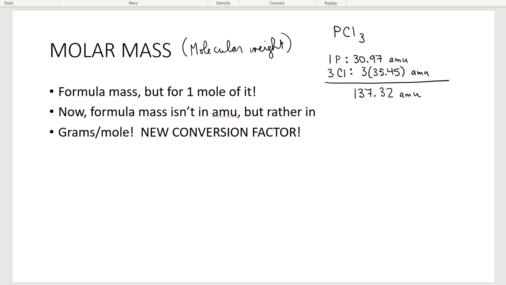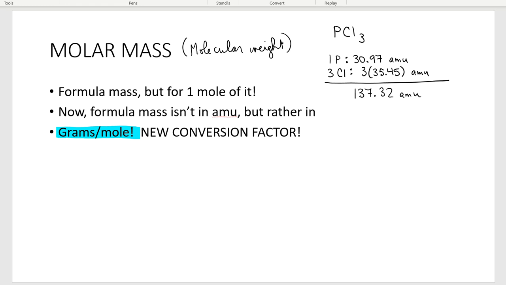We're talking about numbers of atoms here. But now let's get macroscopic on a bigger scale, something that we can actually weigh out in the lab. All of the atomic masses on the periodic table are no longer just in terms of AMU, but are actually in terms of grams per mole. And this now becomes a new conversion factor.